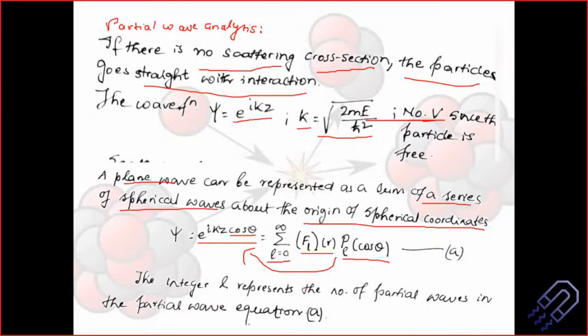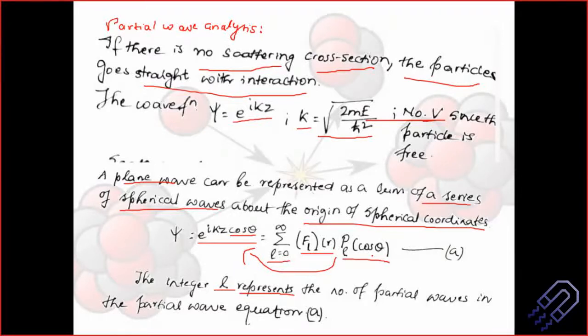This integer L, which we already know, is called the angular momentum. It is a quantum number. Whenever you are doing a Bessel function, a spherical harmonic or a Legendre polynomial, the L or M values you take are nothing but quantum numbers.